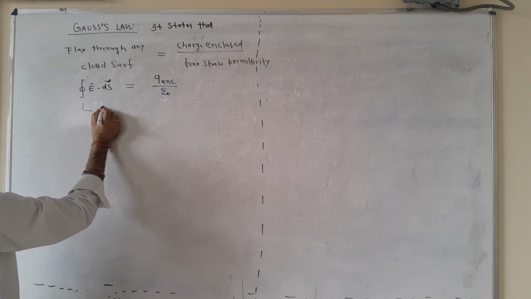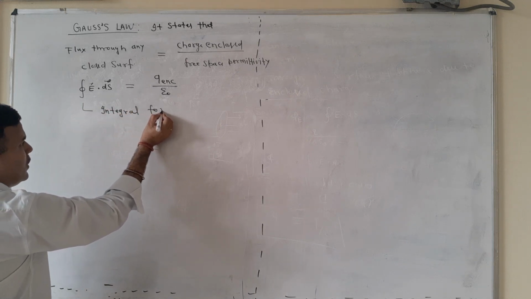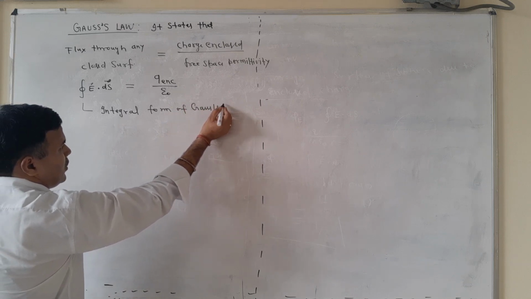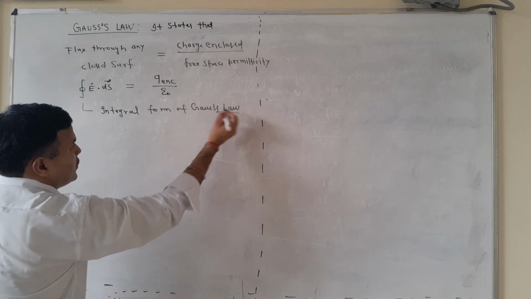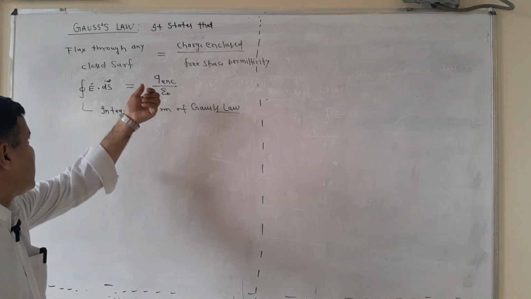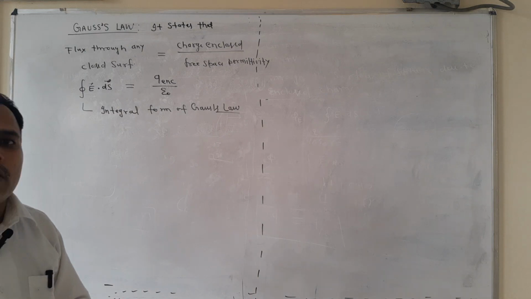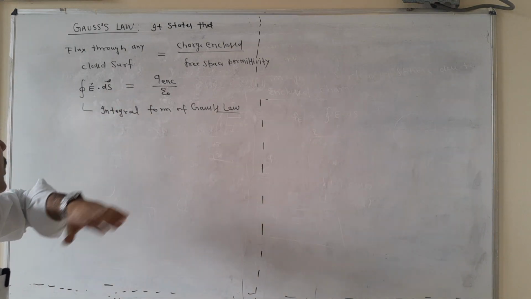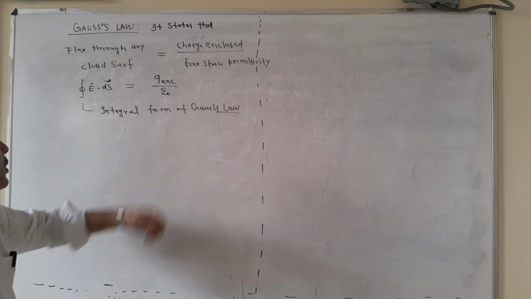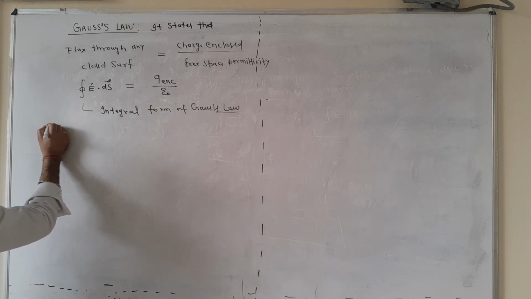This is the integral form of Gauss law, which tells us the physical significance of this mathematical expression: flux through any closed surface is equal to charge enclosed in that surface divided by free space permittivity.